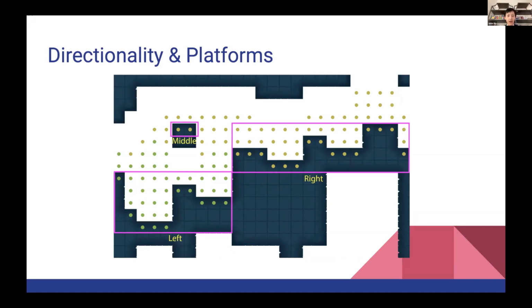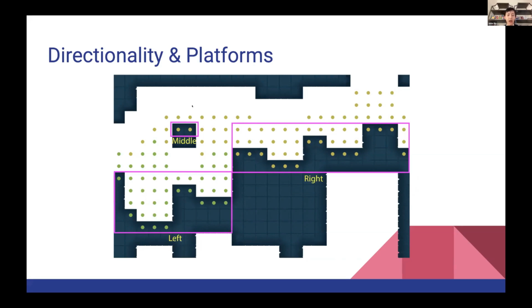And basically, due to these platforms, as I said before, left cannot reach right, but right can reach left. That is directionality: you cannot move to the right, but you can move to the left. So this is directionality defined. We also have the middle platform, which is its own thing. As you can see, all the dots represent the player's path.